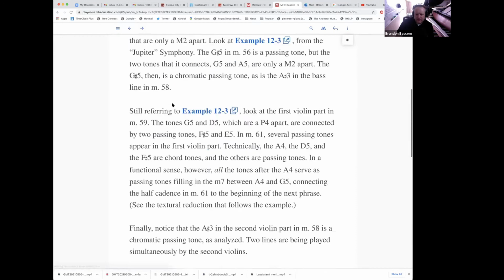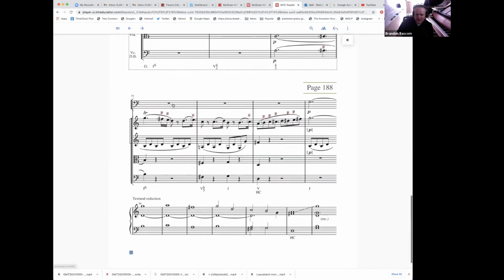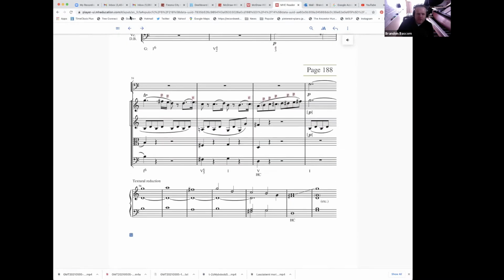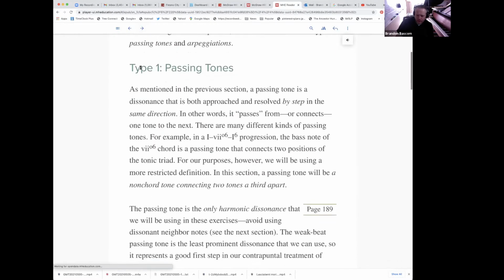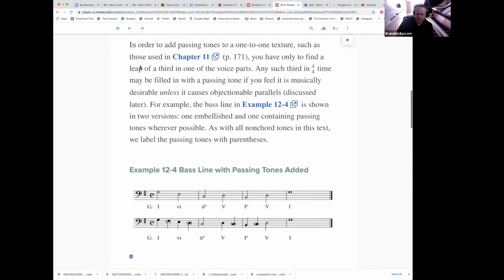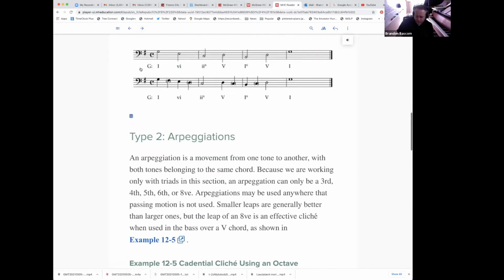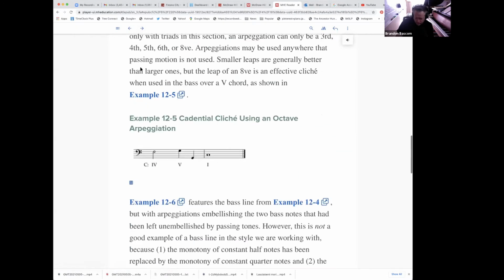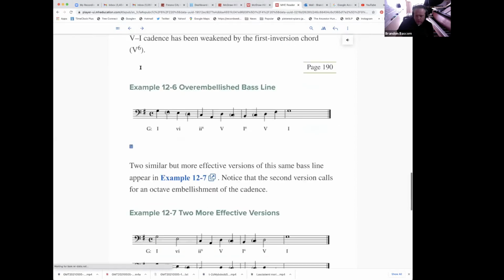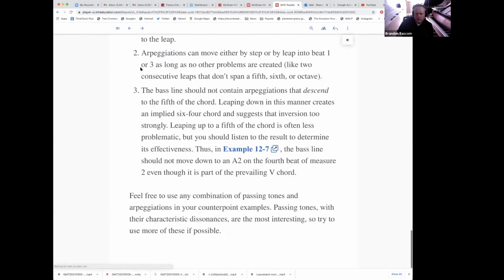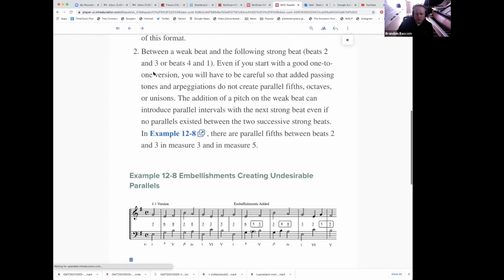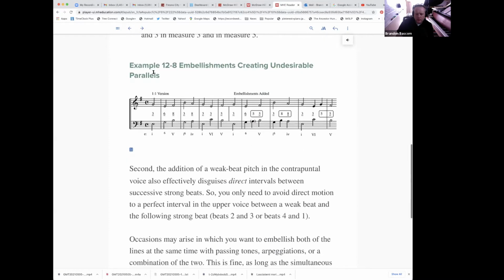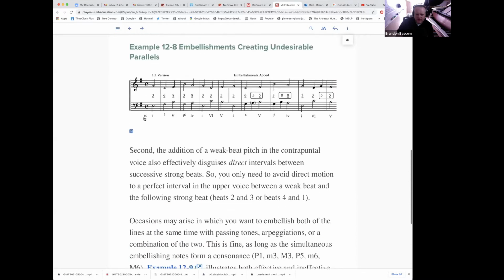All right, so we know what passing tones are. They pass straight through, right? Remember when we had to count the distance between all the notes?